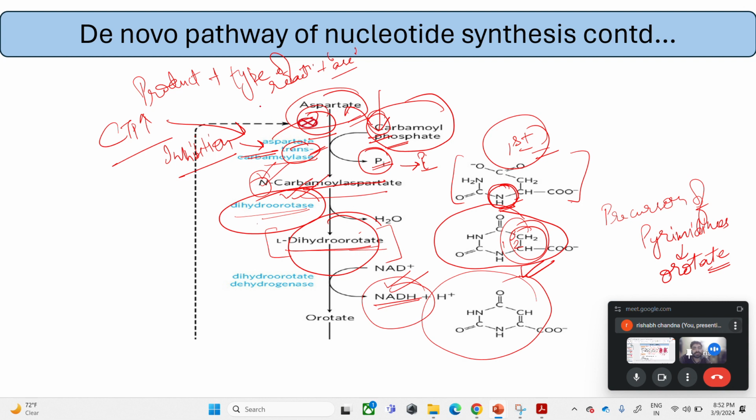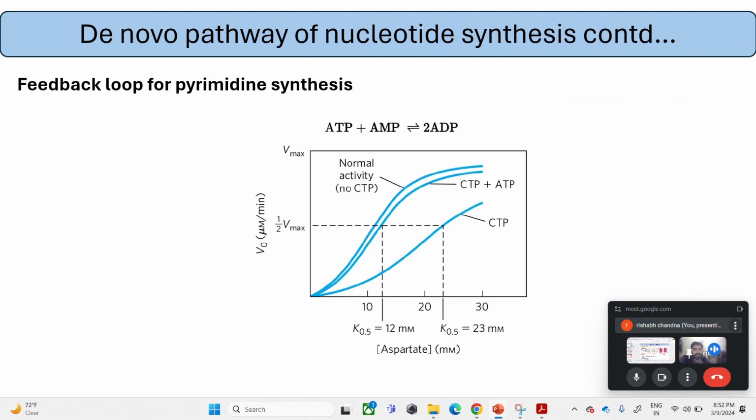So this is the major feedback loop. Now the other thing is that ATP is basically the reversal of this feedback loop.